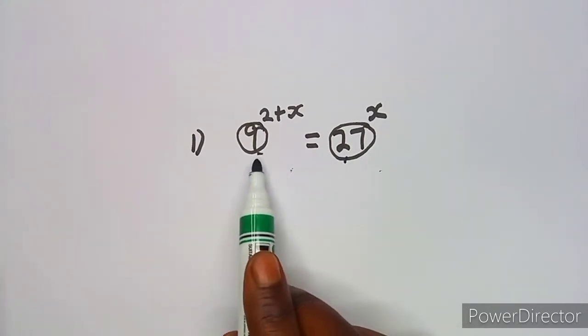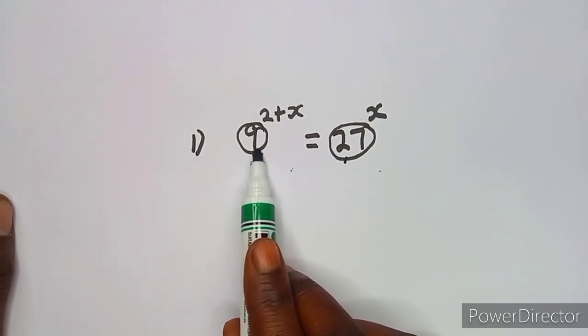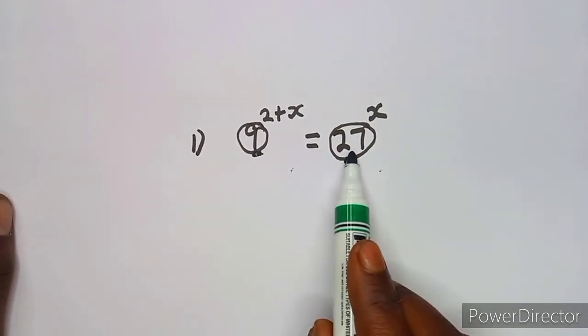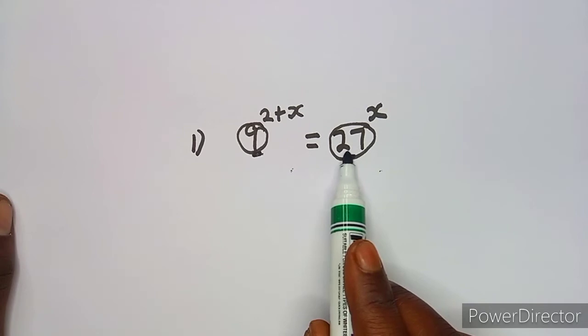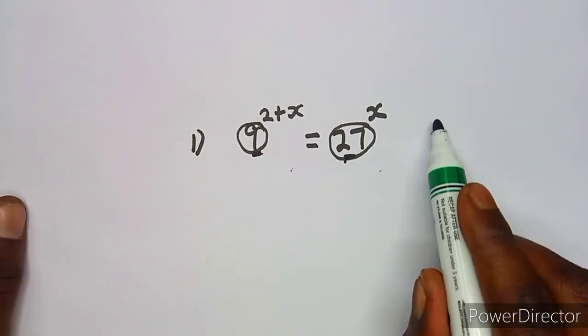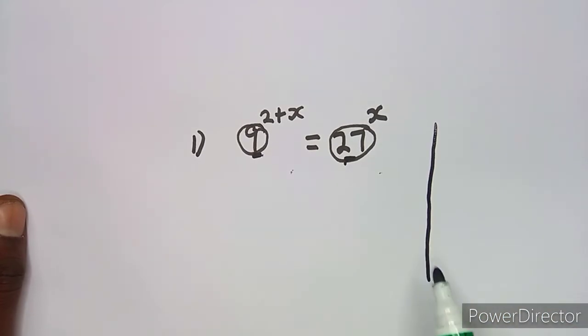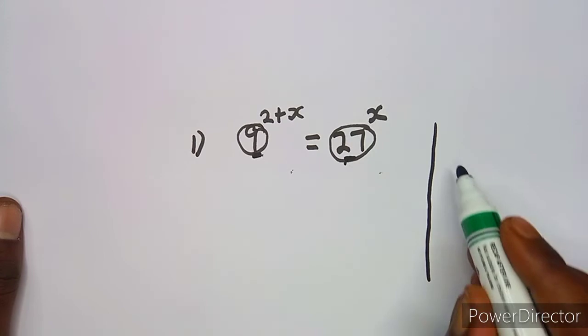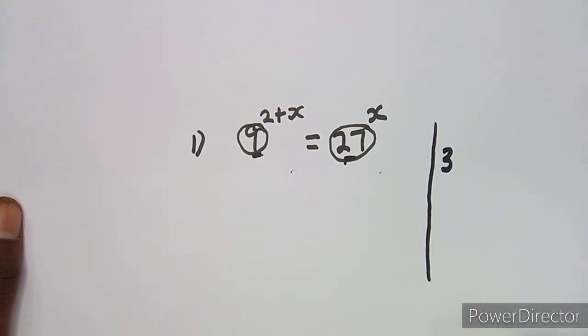Which base can I use to obtain 9, and which base can I use to obtain 27, which is the same base? Relating these numbers, 9 and 27, we can see that there's something to do with 3 there. So we are going to use the base of 3.